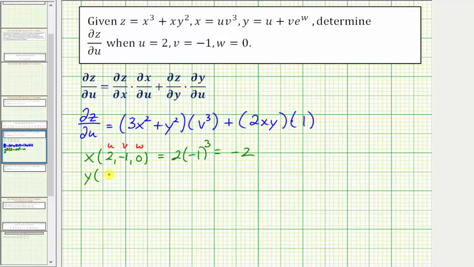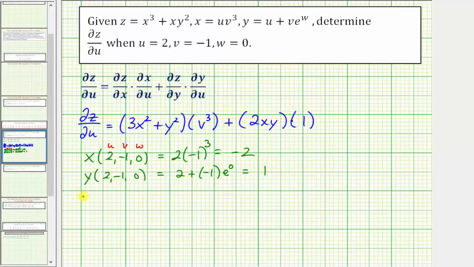Now let's find y of 2, -1, 0. So y is equal to (u plus v) times e to the w. So we'd have 2 plus -1 times e raised to the power of 0. E to the 0 is 1, so we just have 2 plus -1, which equals 1.